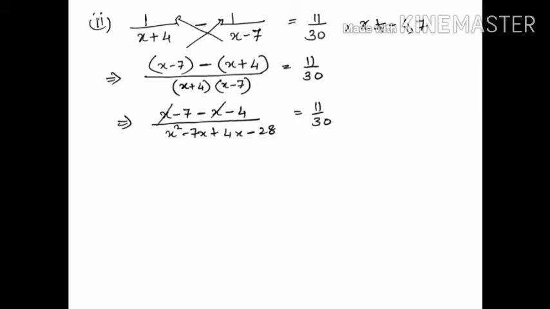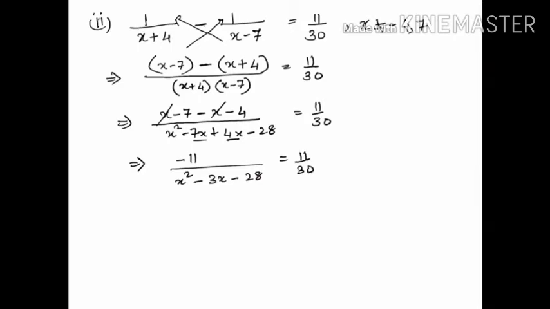So x minus x becomes 0, minus 7 and minus 4 gives us minus 11, x square, adding the like terms, minus 3x minus 28 is equal to 11 on 30.